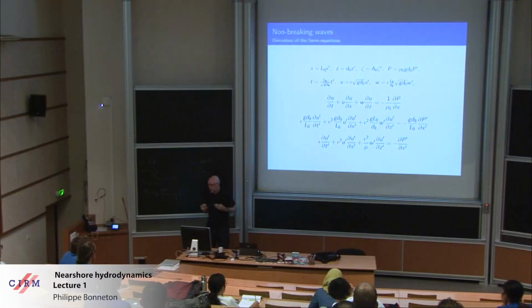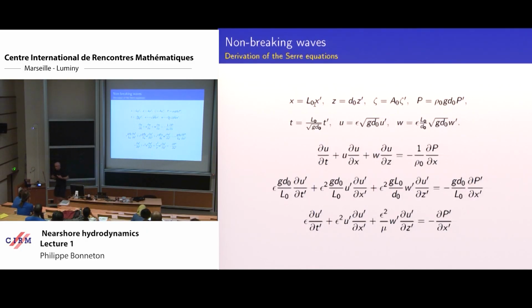So now to put the equation in dimensionless form, we replace the dimensional variables x, z, and so on by the dimensionless variables. And I give an example just for the horizontal momentum conservation. It's straightforward.